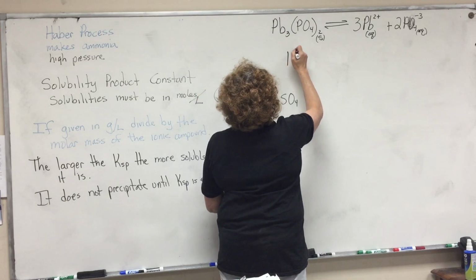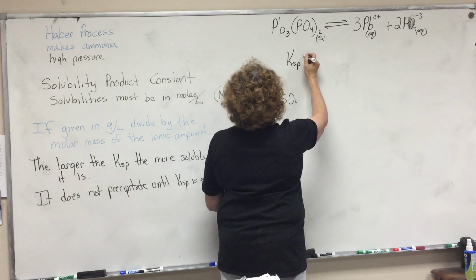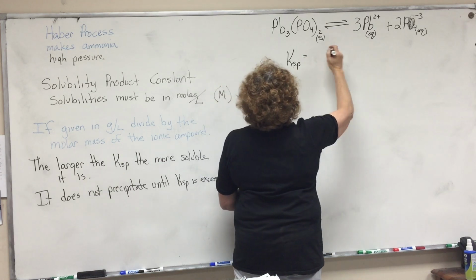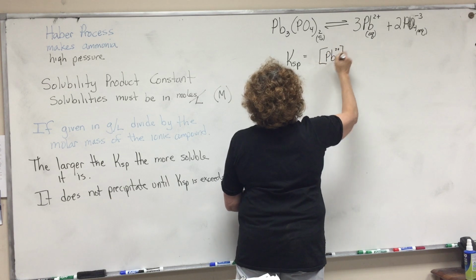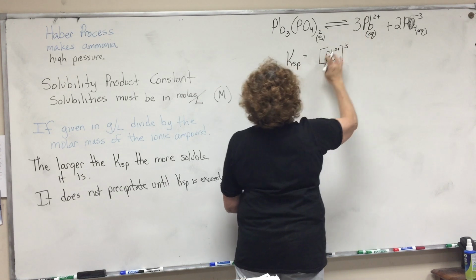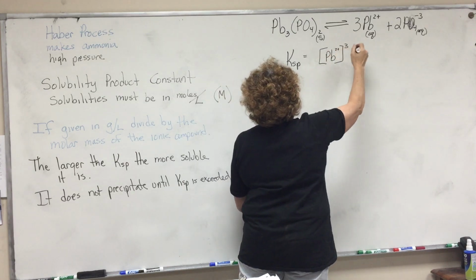So my KSP, solubility product constant, is Pb 2 plus cubed. Notice you don't ever put those numbers in there. You don't put the coefficients in with it.